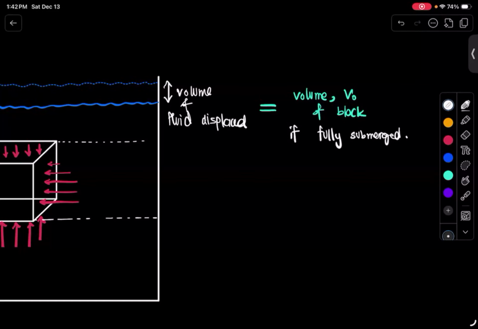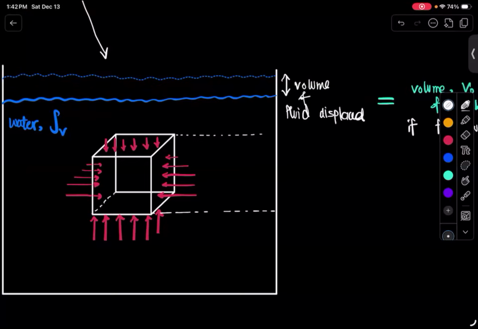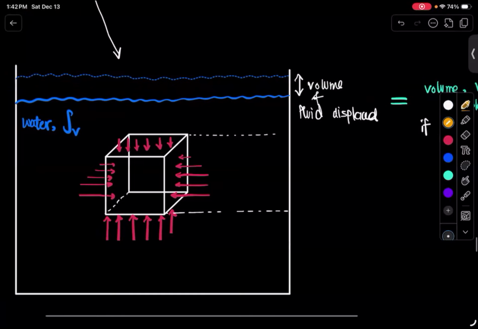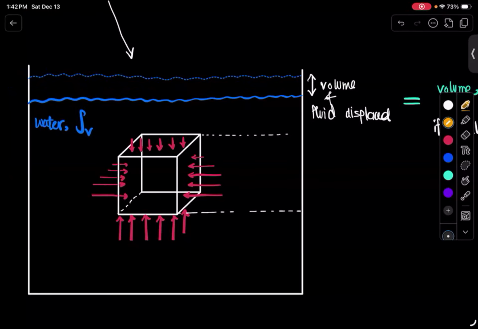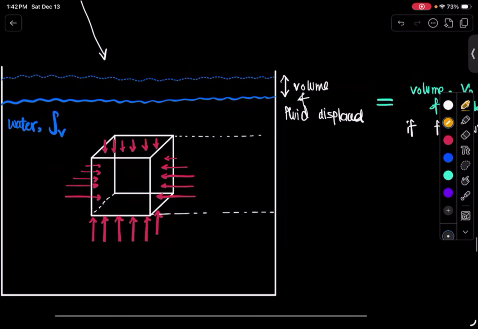Okay. Then, where does upthrust come from? Now, listen very carefully. If you remember, what was the pressure at this height? Yes, so this is like the new volume when it's submerged.